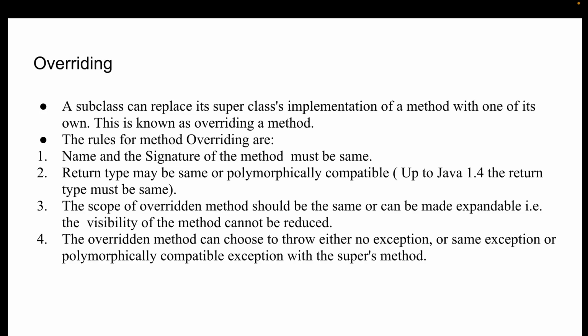And when I talk about public, it means it's accessible anywhere, whether in this package or in another package, if some other class is using it. So public has the highest visibility, it can be visible across packages. So that is the scope of visibility.